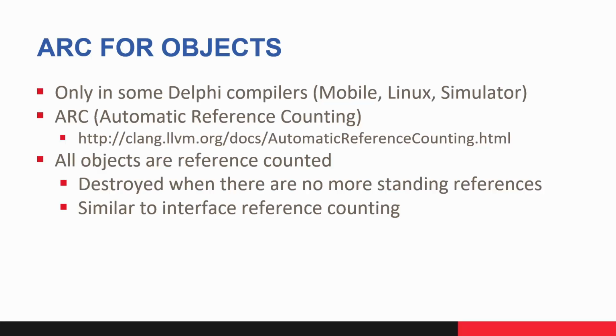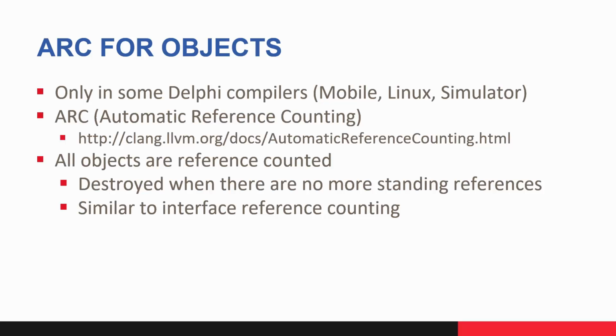You can browse the internet and find a million discussions about ARC versus garbage collection versus manual management versus all other options, and it's debated. There are advantages and disadvantages to each model.